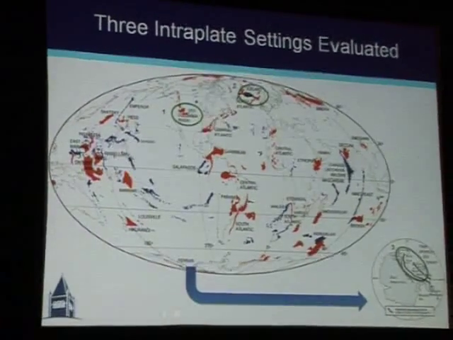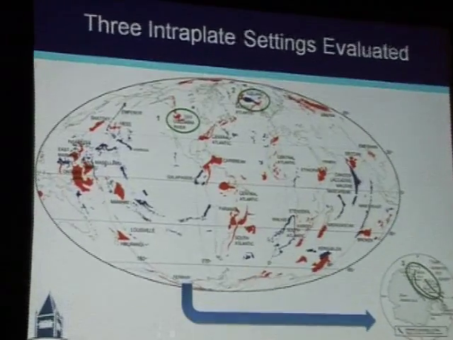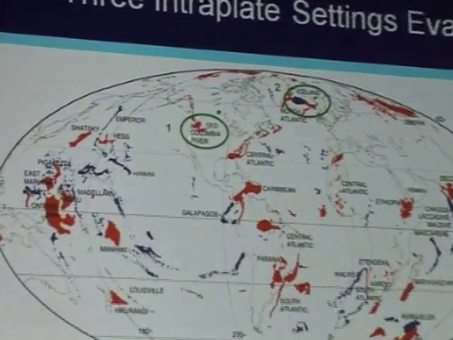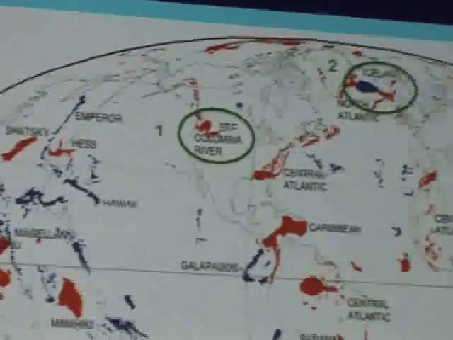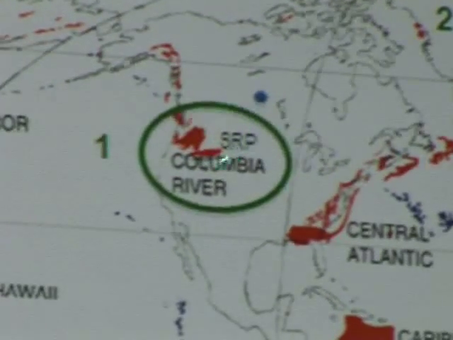So what I'm going to do is engage in the discussion, engage in the debate about the origins of these features by, first of all, looking at volatile concentrations in this large igneous province known as the Columbia River Plateau, which is adjacent to the Snake River Plain.